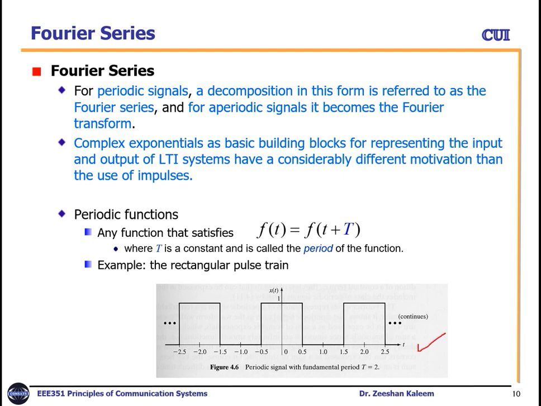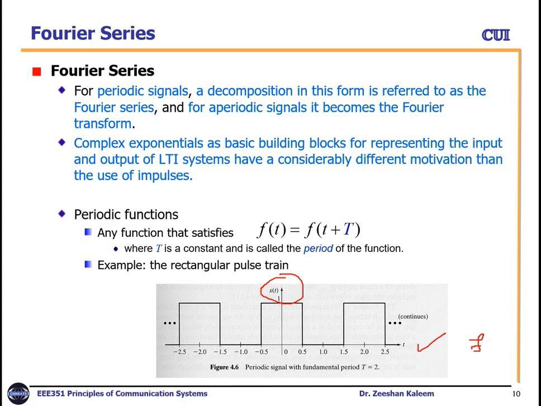You have time on the x-axis and amplitude or magnitude of the signal on the y-axis, right? So whenever you have a function of time and you want to convert it into a function of frequency f, then for a periodic signal case, we use the Fourier series.